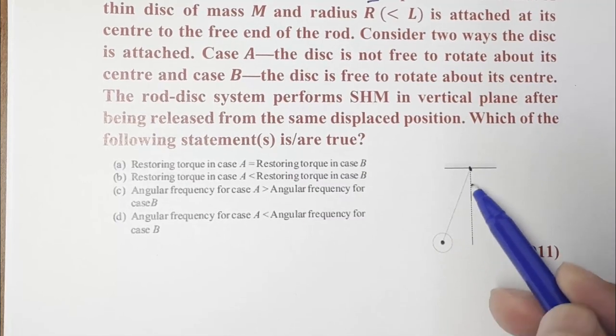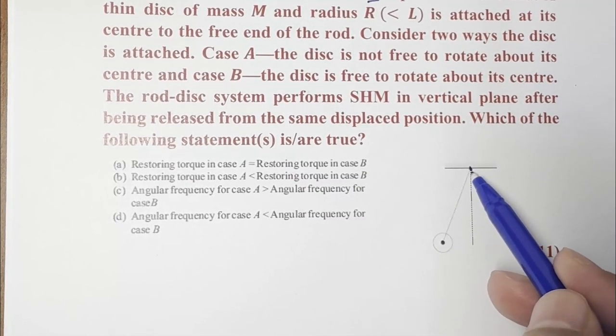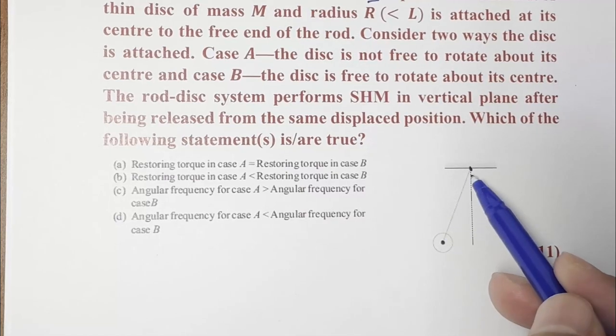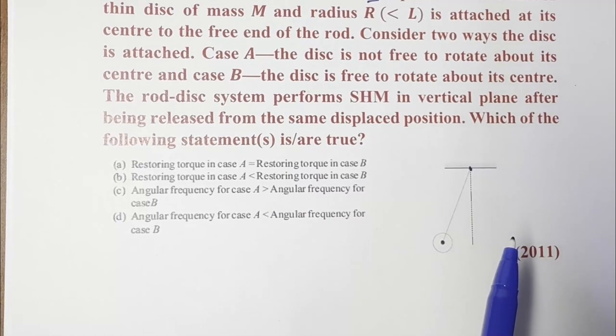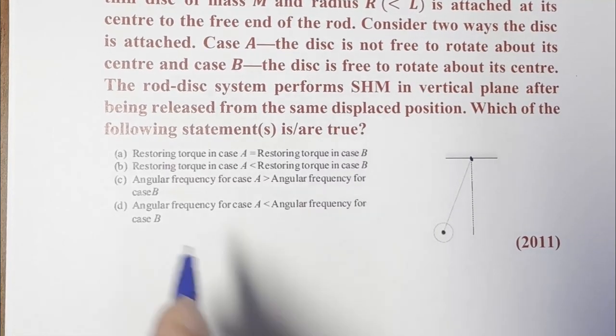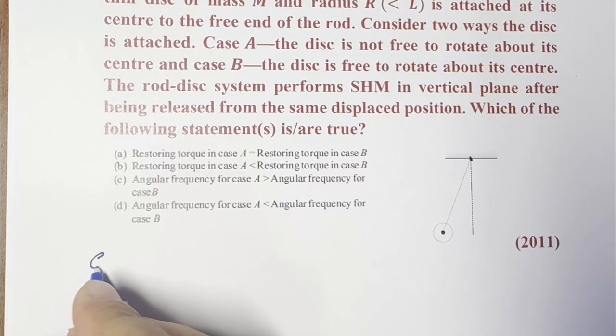We are also going to find the moment of inertia for the rod about this pivot point. That is, the total moment of inertia will be equal to this plus this. In the second case, we are also going to do that, but we have to remember that this disc is free to rotate. That's the only major difference between the two cases. So let us start with case A.